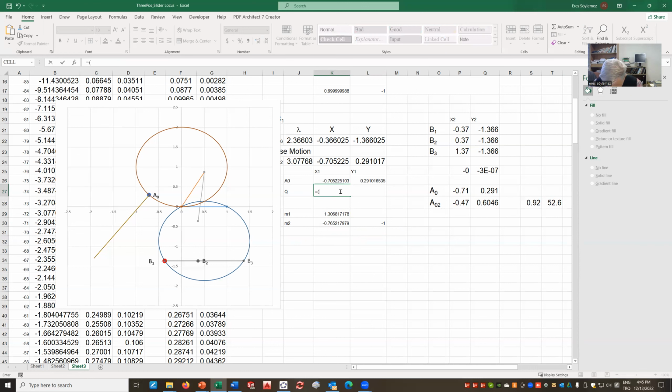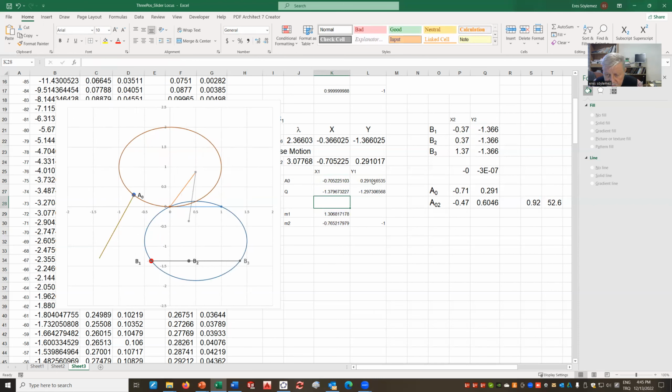Open up parentheses, Y2 minus Y1 plus M1 times X1 minus M2 times X2, close parentheses, divided by, open up parentheses, M1 minus M2, close parentheses. Enter.